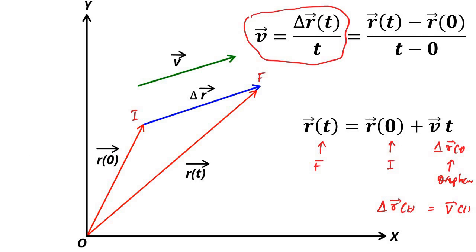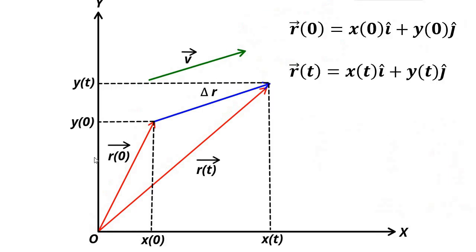Now let's say we resolve each of these position vectors, initial and final position, in terms of their x and y components. So we have the initial position here, I, the initial position vector. Its x component is x0, R0 vector. So the x component is x0 and the y component is y0.